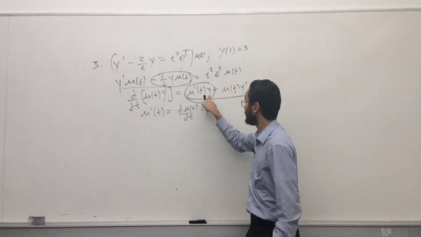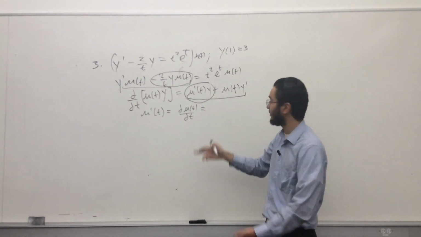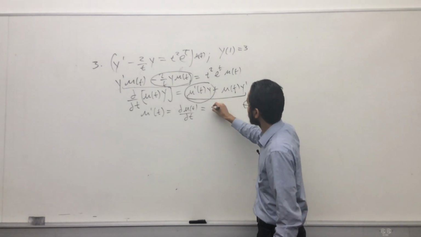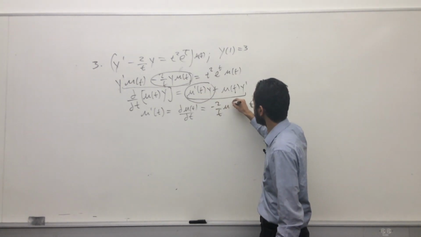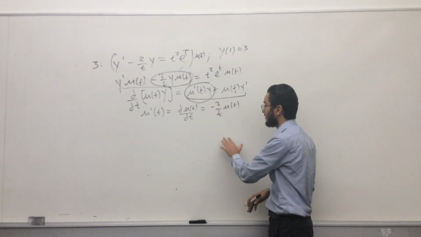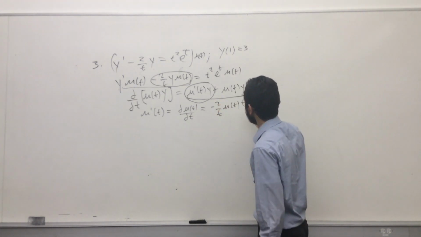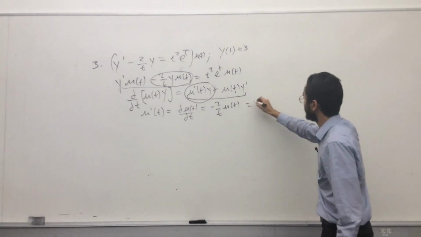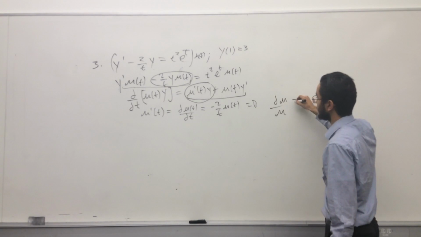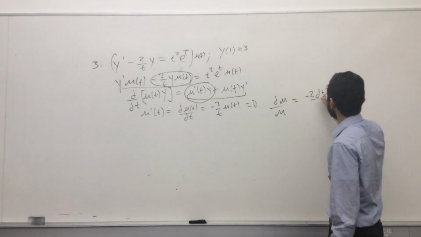The y's cancel out, because when we set them equal to each other, both of them have y's. We separate the variables, with t's on this side and mu's on this side, and we get d mu over mu equals negative 2 dt over t.